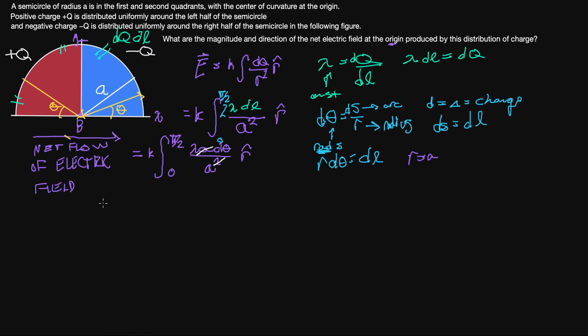And so if I'm going to write out this next step, I'm also going to take this lambda out because as I discussed earlier, lambda is a constant. So lambda k integral 0 to pi over 2 and then d theta. And I can also take this a out because a is a constant. And then, like I said, this unit vector, r hat, is going to be equal to cos theta.